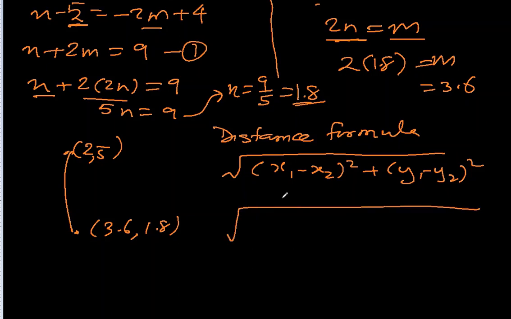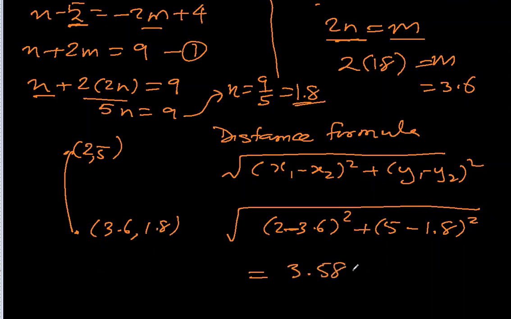So we know x1, y1 both. 2 minus 3.6 squared plus 5 minus 1.8 squared. If we put this in our calculator, we'll get our distance straight away. What I'm getting here is 3.58 units.